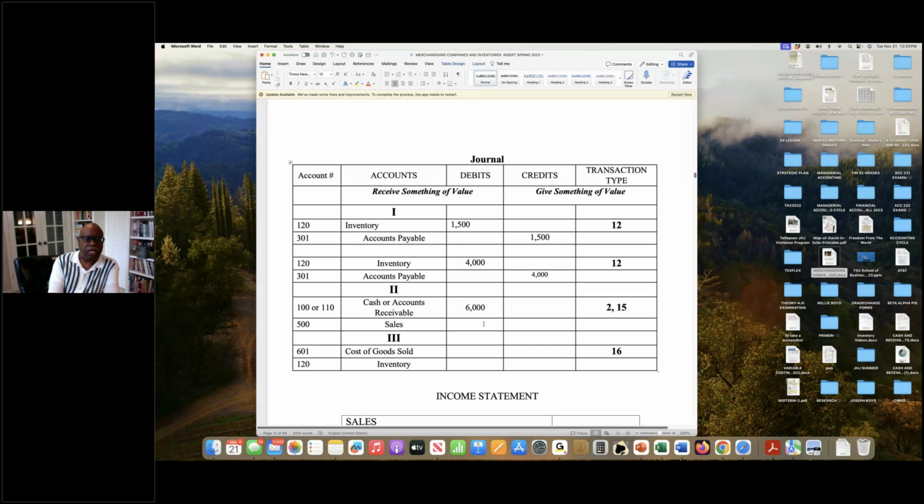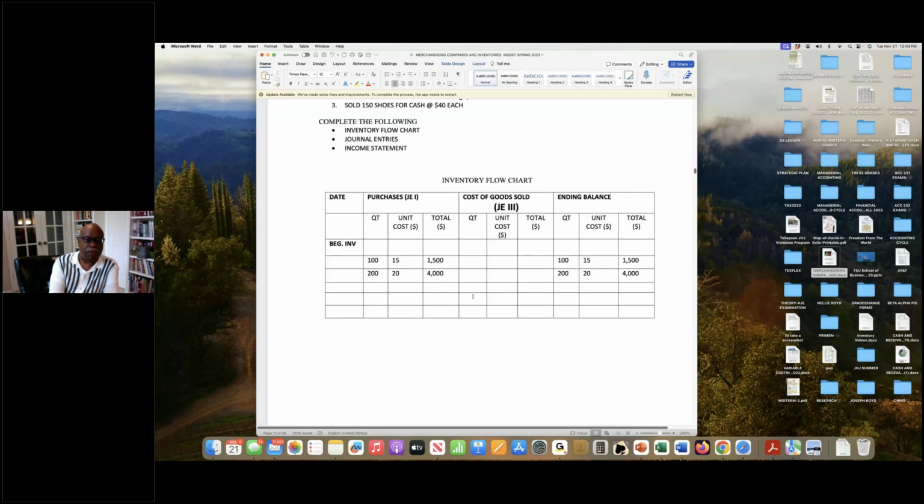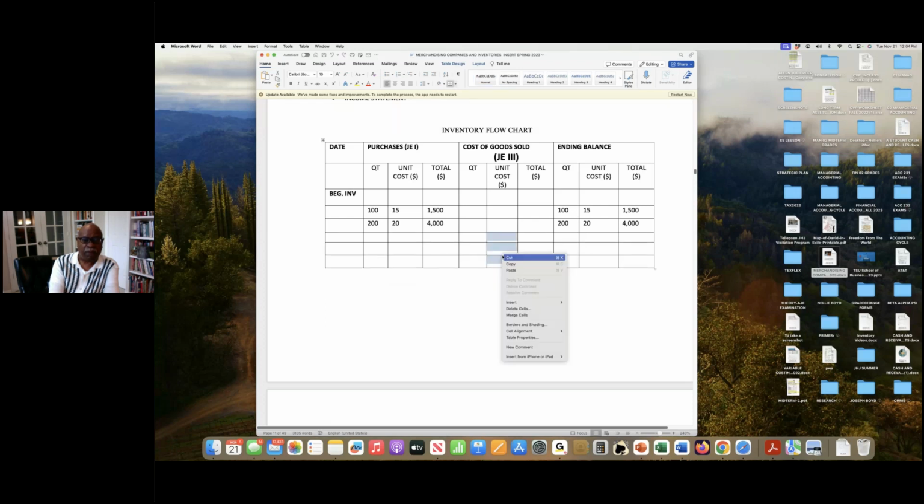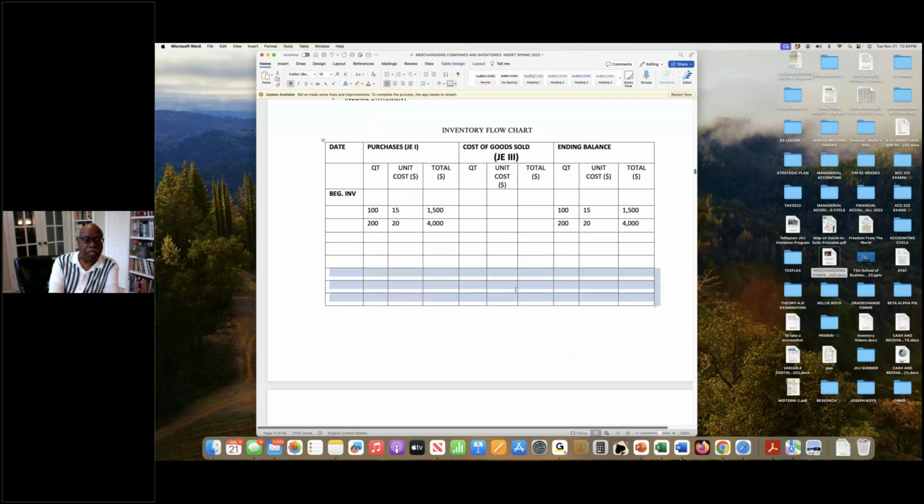Now we need to get the cost of goods sold number, and we come to this chart to get it.